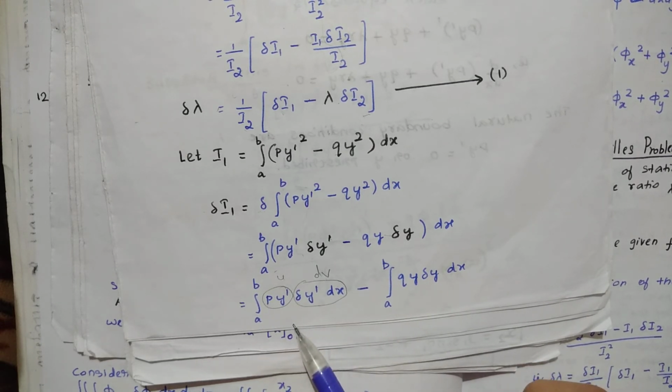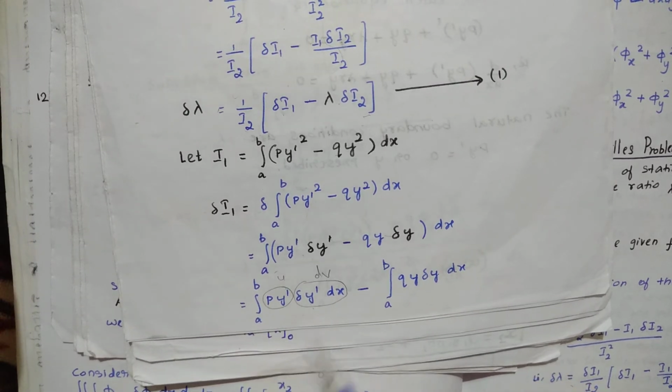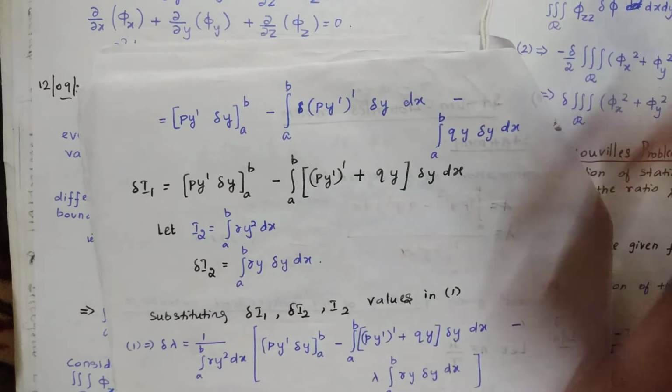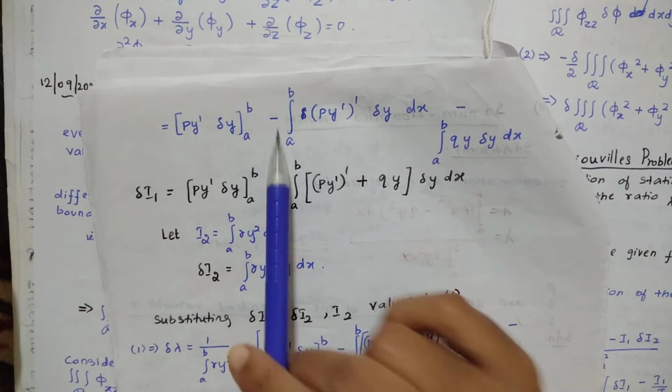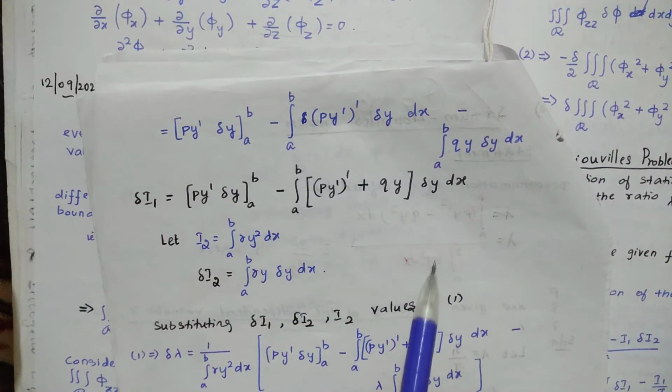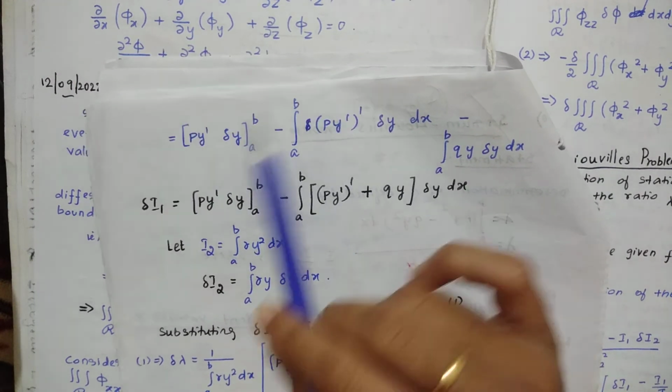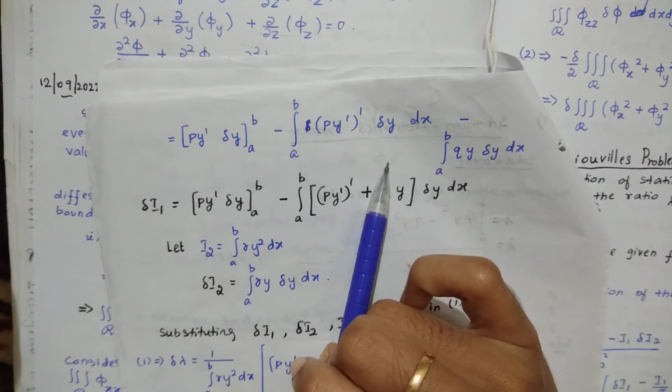by using the u dv formula. When you integrate this using the u dv formula, you will get something like this: uv minus integral v du. I told you the formula, so here it is written in that format.